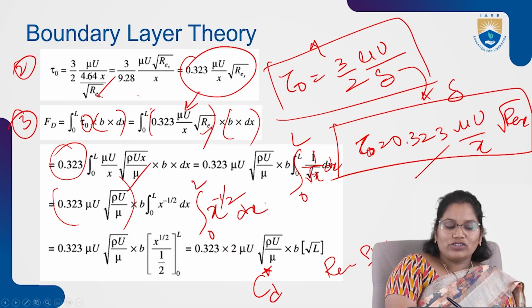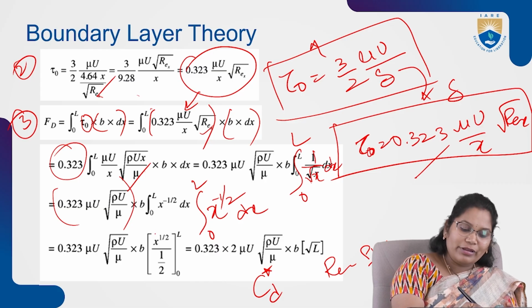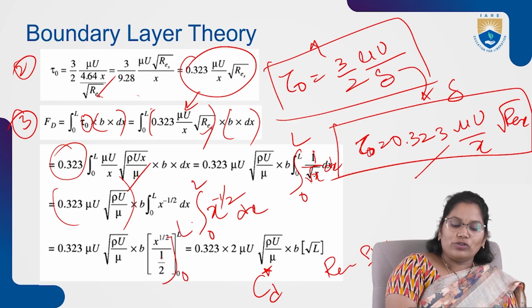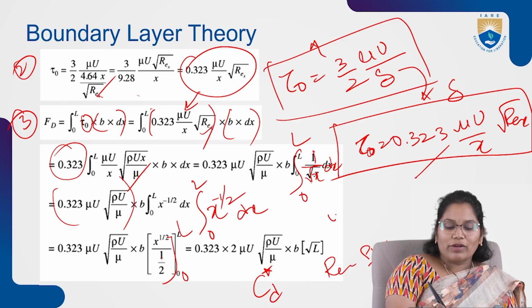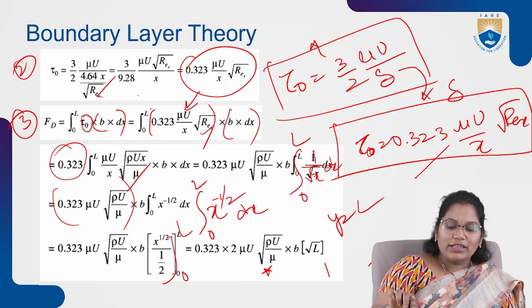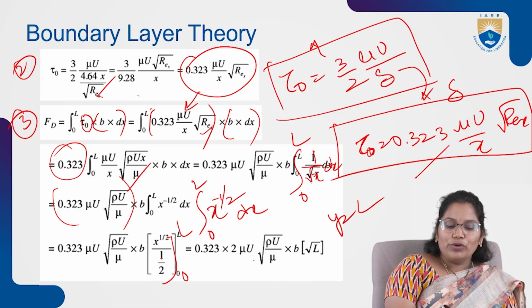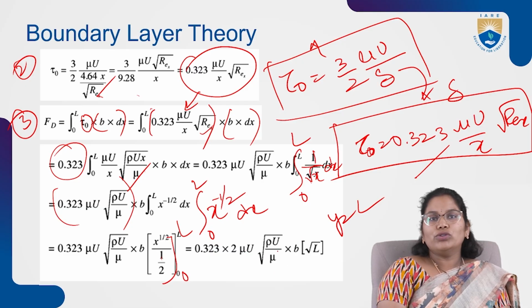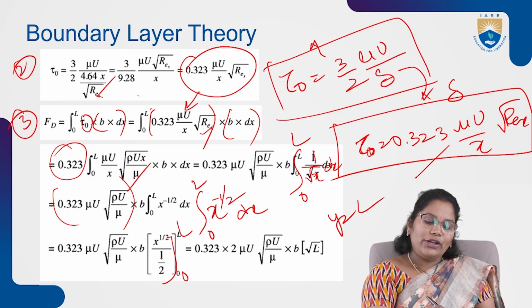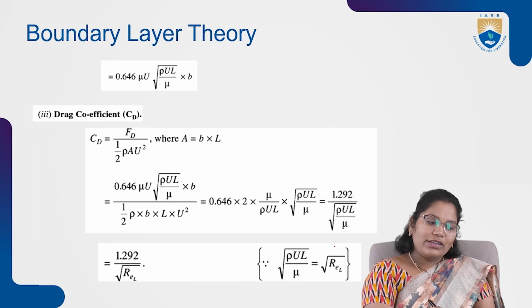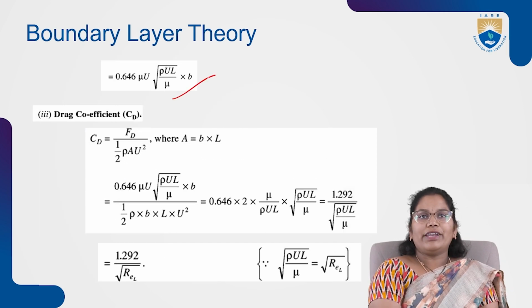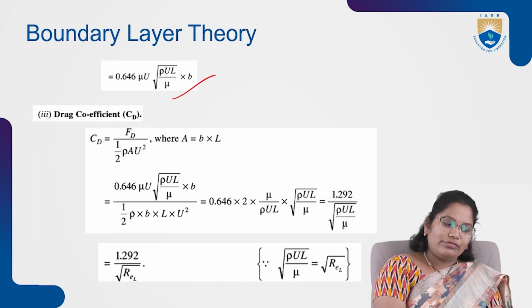So x to the power of 1 by 2, when you integrate, will become x to the power of 3 by 2 divided by 3 by 2, with limits 0 to L. So when you substitute x is equal to L, you will get this equation. What is that? 0.323 into 2 mu u into root of rho u by mu into b into root L. Yes, this is the equation, the complete equation when you make it.